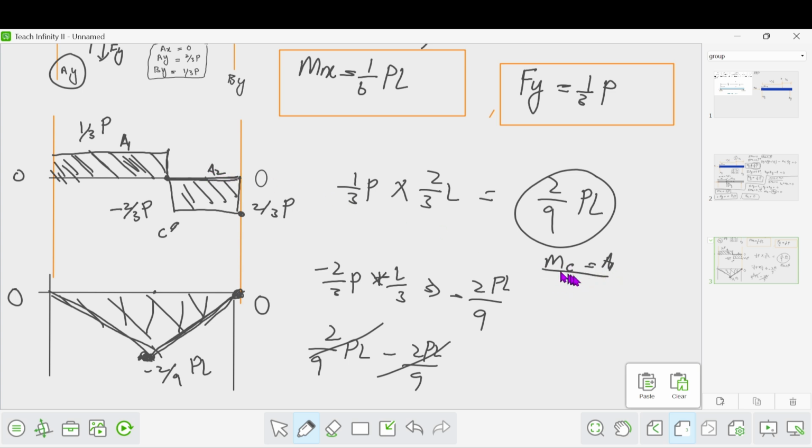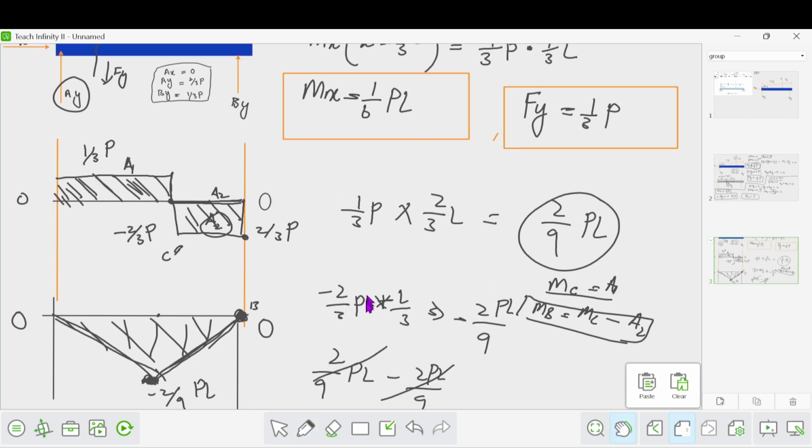If I find the moment at this point, B, then the moment at point B will equal the moment at point C minus A2. So negative A2, this will become 0. In that way you can find moments.